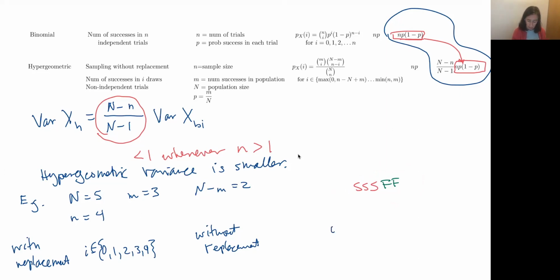It's possible to get a sample of 4 that has 2 successes, or that has 3 successes. But you're also not going to get a sample that has 4 successes in it, because there aren't 4 successes in the population. So this inability to draw the same thing over and over again depresses the variance of the hypergeometric random variable relative to the binomial.